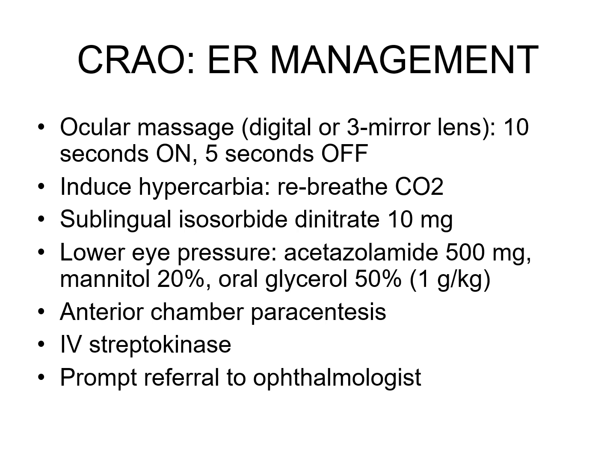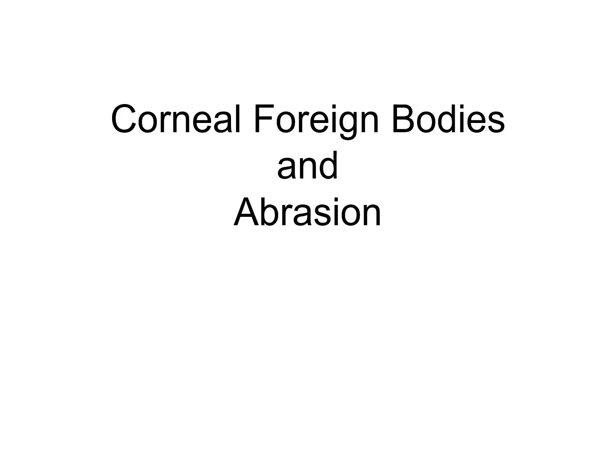Lowering the eye pressure using medications or through anterior chamber paracentesis may be done. However, a golden period of 90 minutes exists before irreversible retinal damage is done. Hence, prompt referral to an ophthalmologist is important. Common ER cases include the presence of corneal foreign bodies and abrasion.